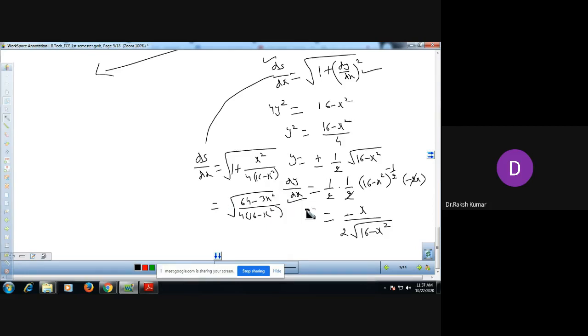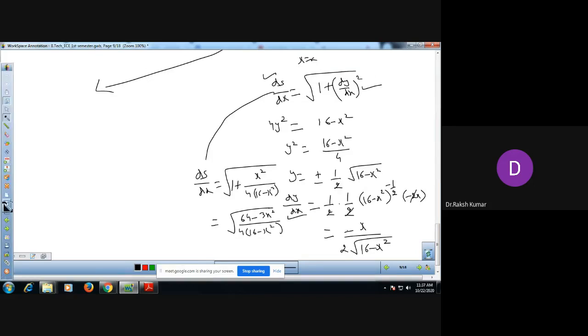Now the question is, you have to use the formula for surface area about the major axis.